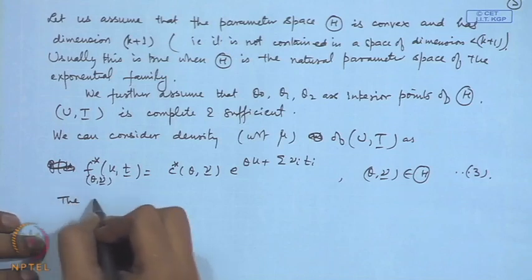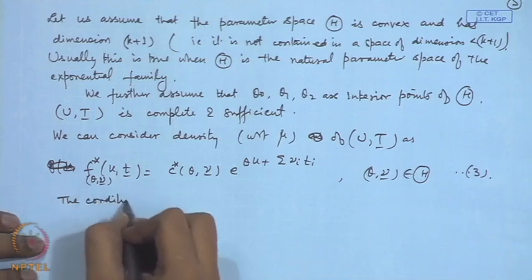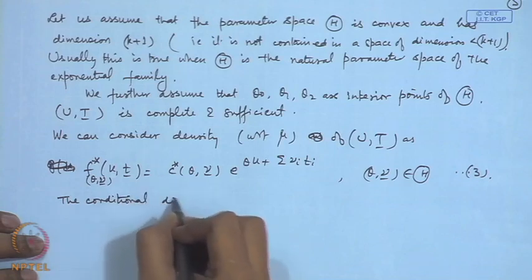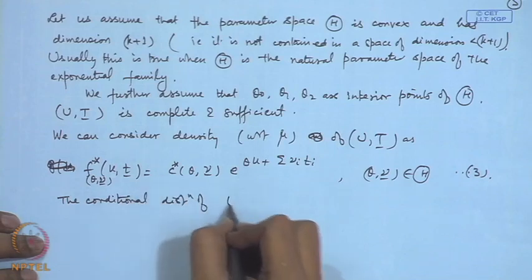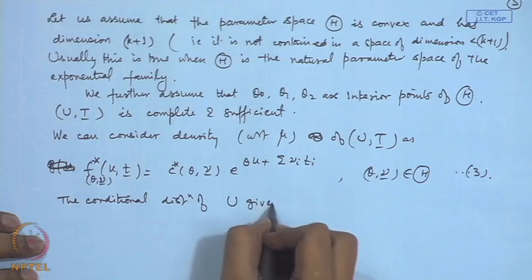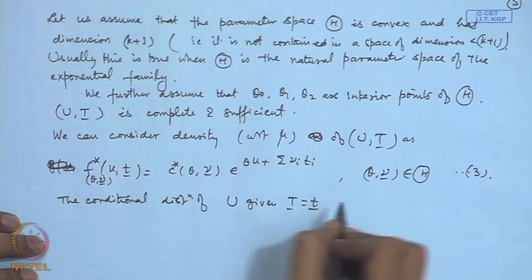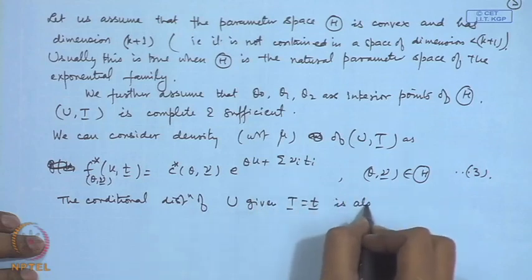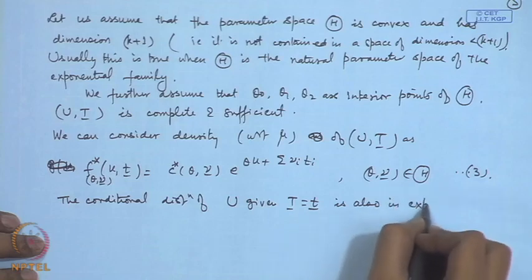The conditional distribution of U given T equal to t is also in the exponential family.